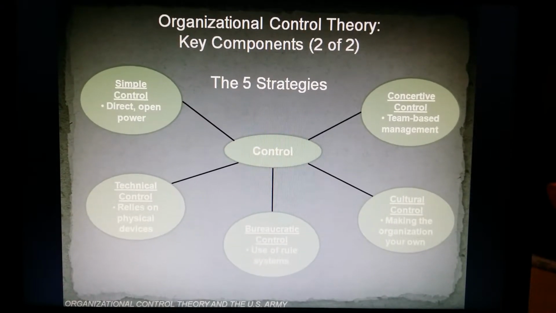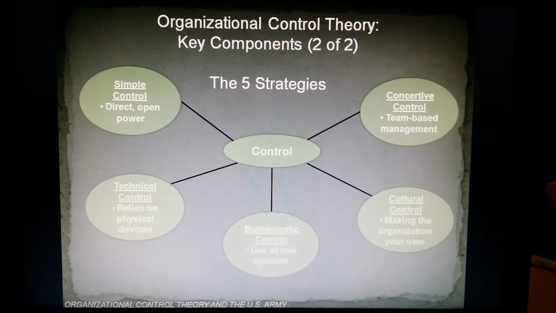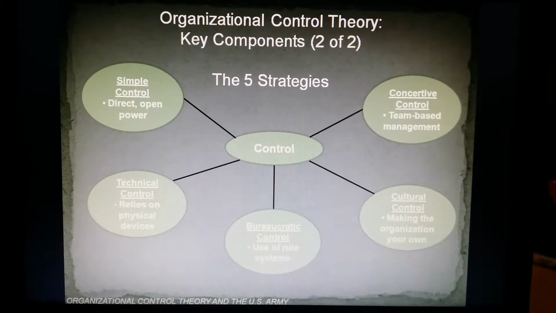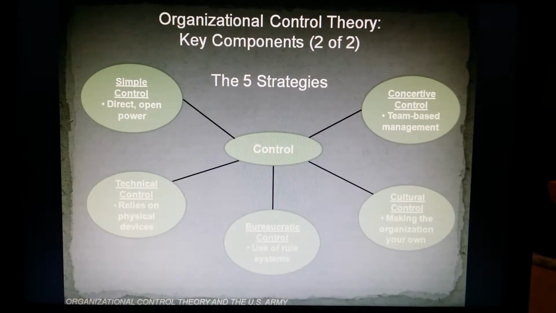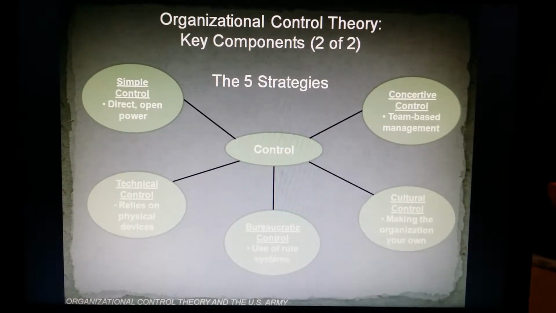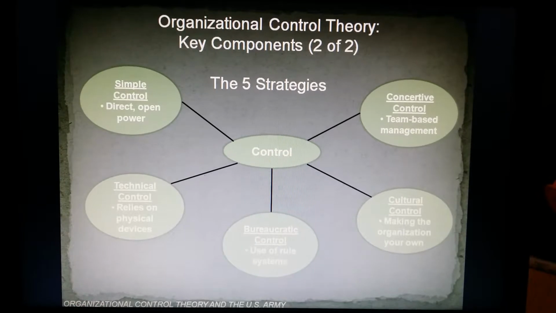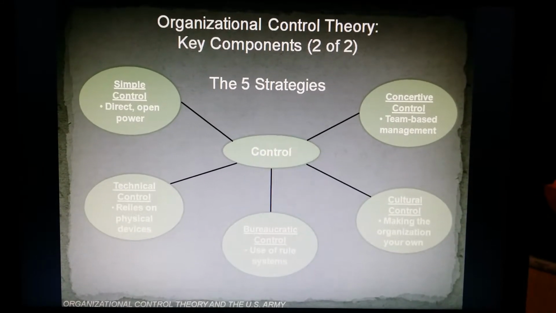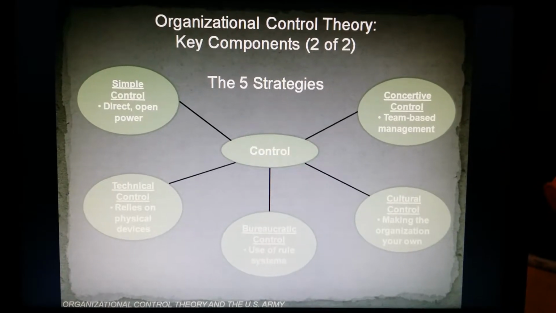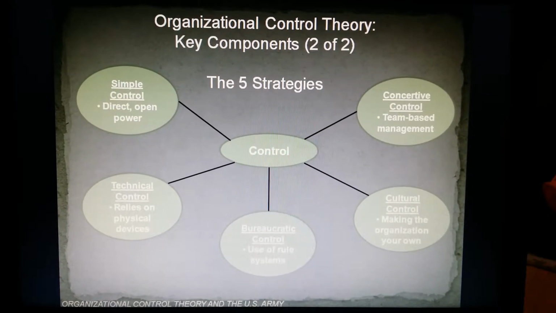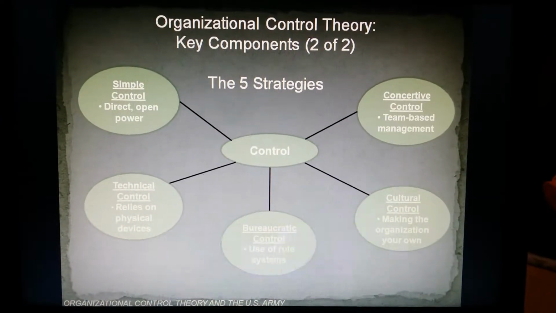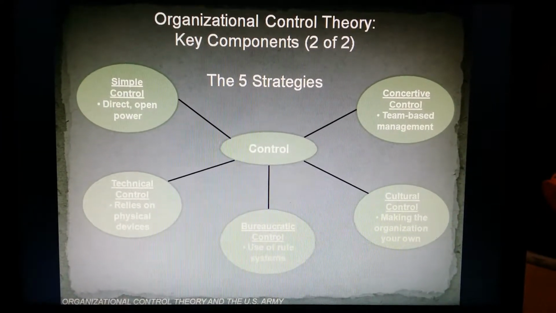However, the system can become compromised or difficult to utilize if the organization becomes too large or complex to control through that direct line of sight type management. Again, as with the Army on that strategic level that we'll talk about later on. But this simple control strategy has proven to be successful and work best in smaller organizations.